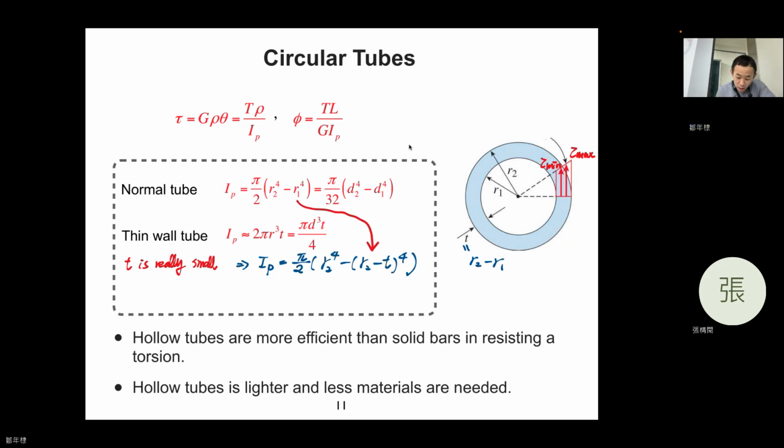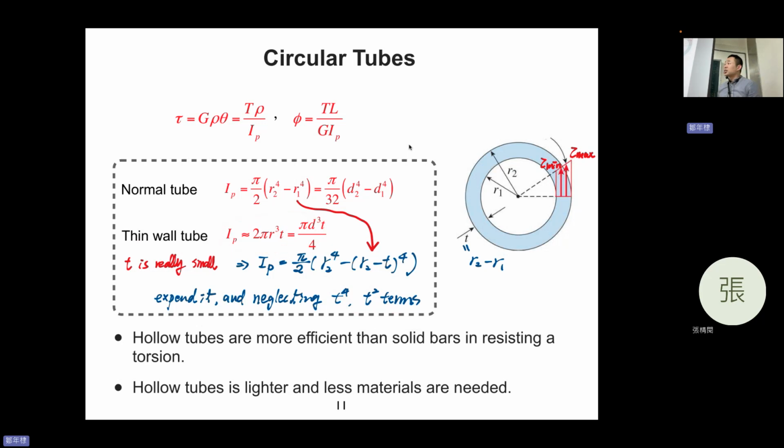Then you expand it and neglect the t to the 4 and t squared terms, because t is really small, so t squared and t to the power of 4 are extremely small, negligible. So you will get this result.